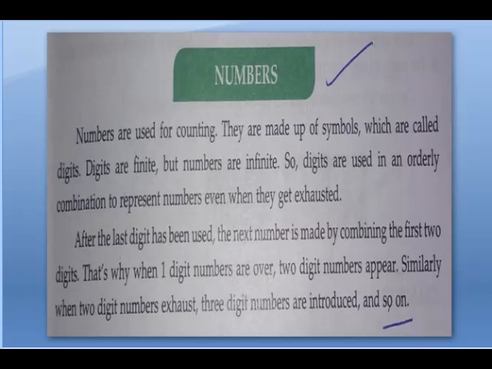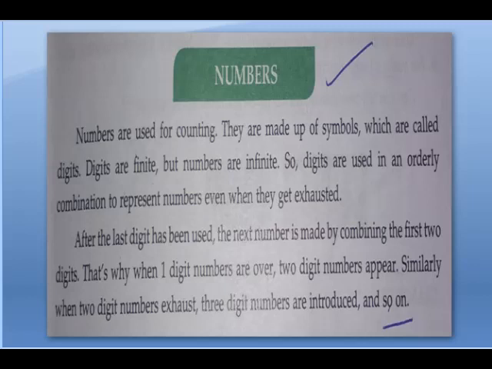After 9 we write 10. It is the combination of two digits, that is 1 and 0. That's why when one digit numbers are over, two digit numbers appear. Similarly when two digit numbers exhaust, three digit numbers are introduced, and it will go on like this.